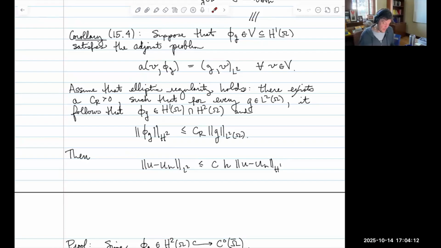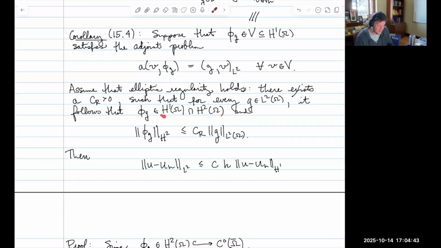So suppose that phi g in V satisfies our adjoint problem given some G. Assume that the elliptic regularity holds for this problem. That is, there exists a CR greater than 0 such that for every G in L2, it follows that not only do we have a solution, but we have a solution with better regularity, H1 intersected with V, or with H2.